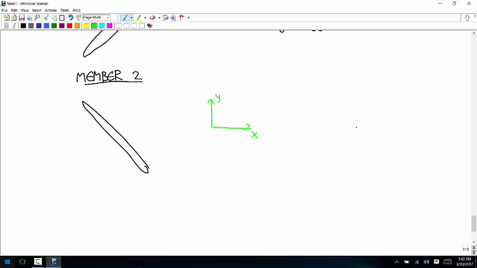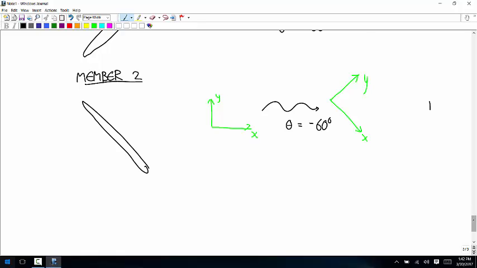Let's say we want to change it to this coordinate system. So what's the rotation that we need here? I think that, yeah, negative 60, right? Yes. Negative 60 degrees.